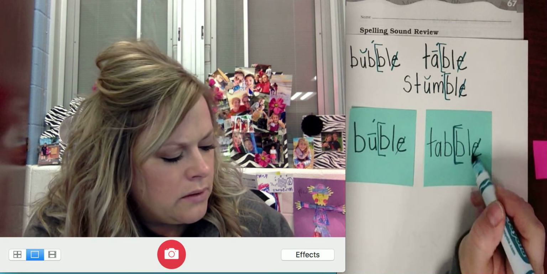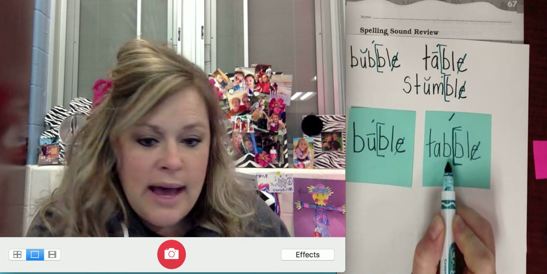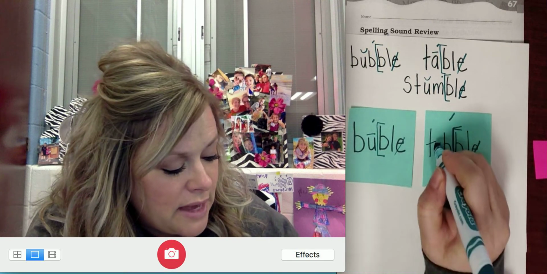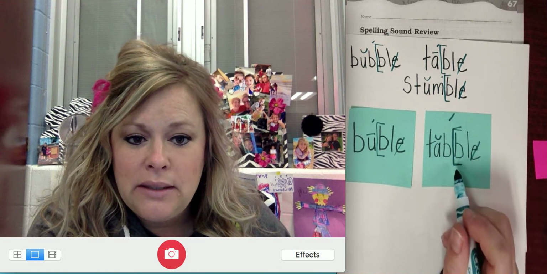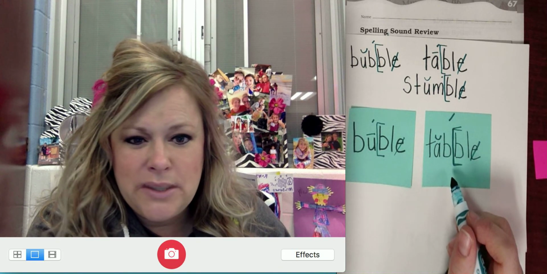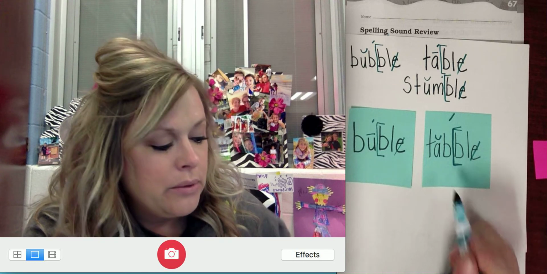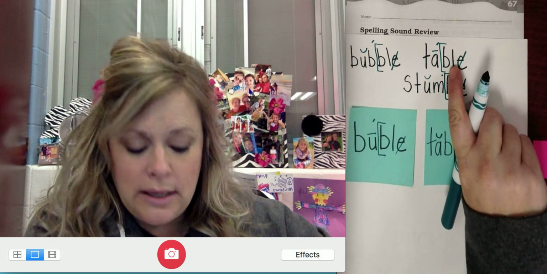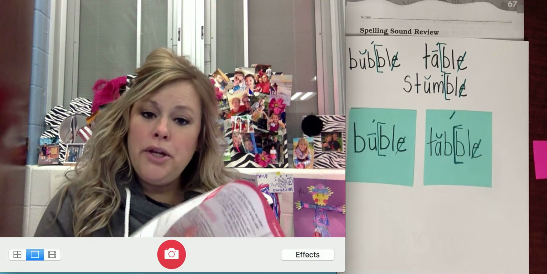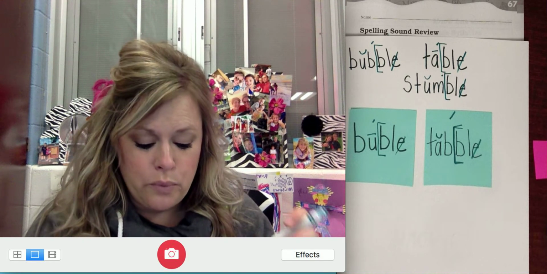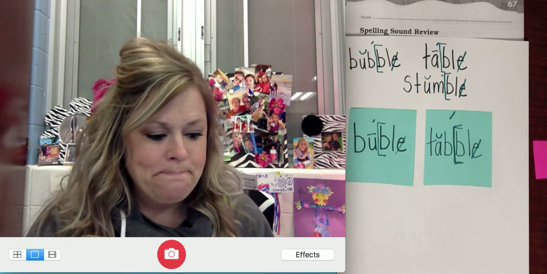Well, now that A has a consonant afterwards, so now the A would be short. And the way you would say that is tabble. Tabble isn't a word, it's table, which is why we have only one B, okay? You gotta know those vowels change when you double, okay? All right.